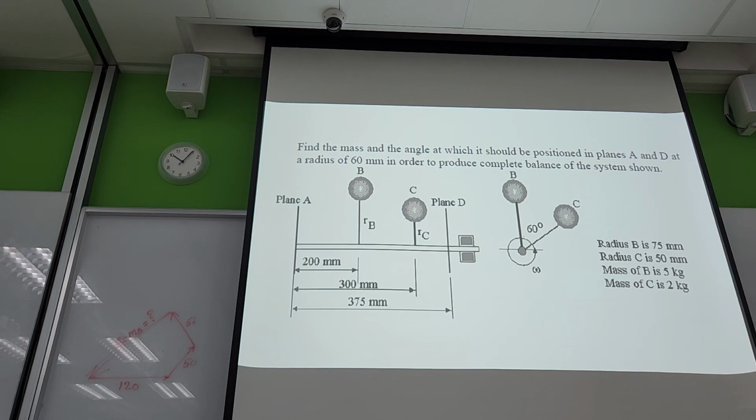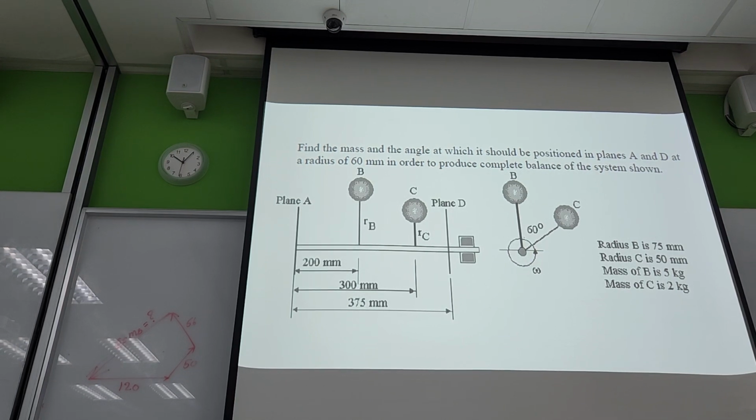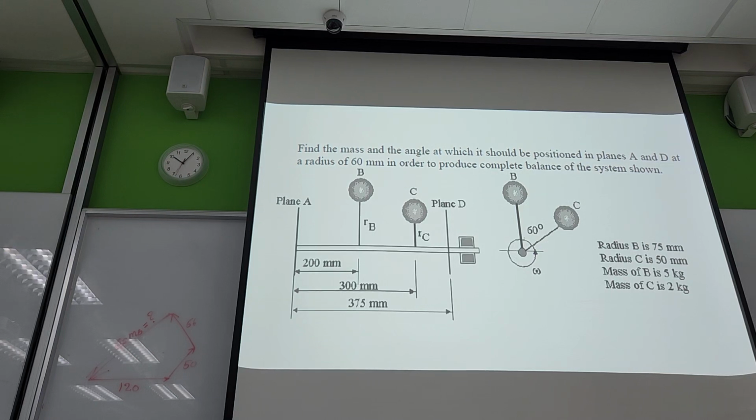Find the mass and angle which should be positioned in planes A and D at a radius of 60 mm in order to produce complete balance of the system. So this is where you need to do both static and dynamic balancing. Some of the forces need to be zero and also the movements need to be zero.